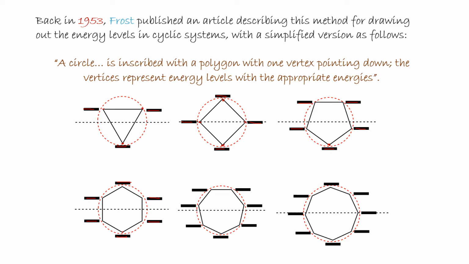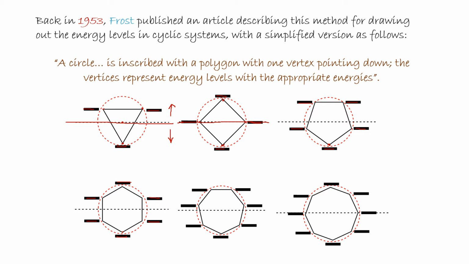He said in the middle of the circle draw a line. What's above the line is anti-bonding. What is below the line is bonding. What about the ones on the line?